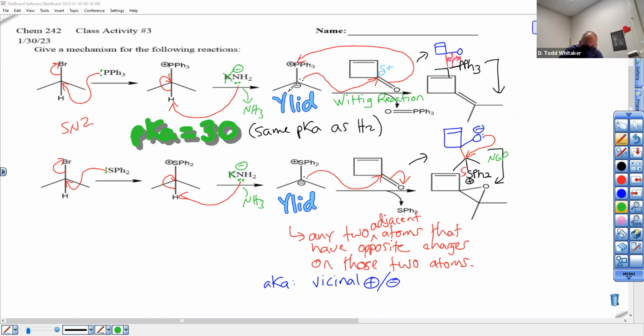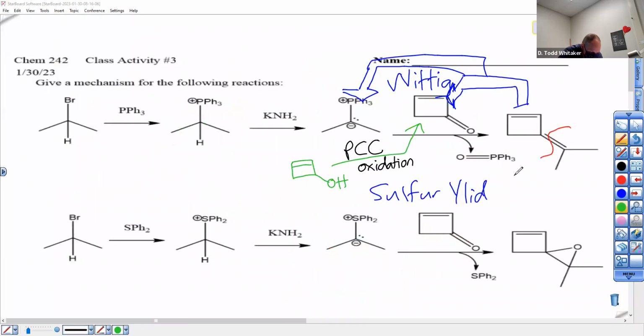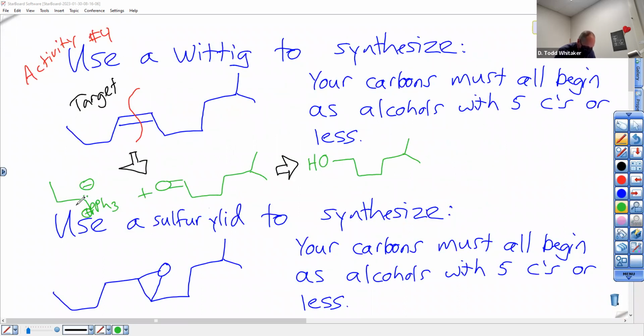becomes the ylid. So what was right before the ylid? The precursor. What was right before the precursor? The alkyl bromide, or chloride, or iodide, you pick. Okay, so remember that.